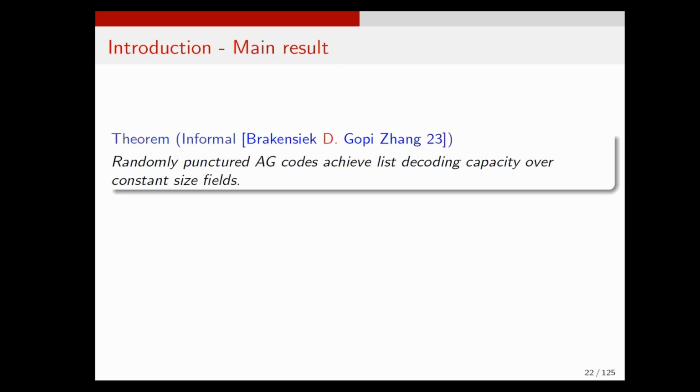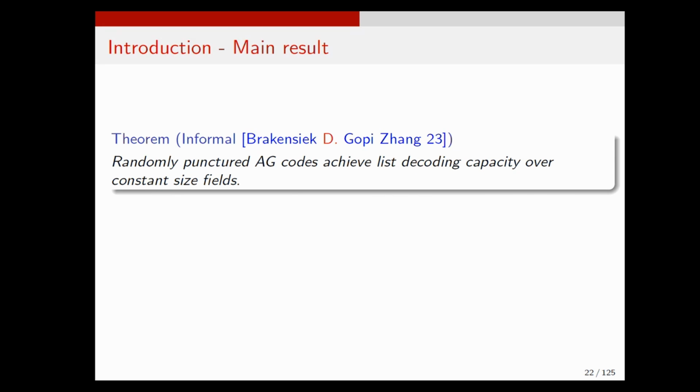Our main result is that there are codes which can achieve these list decoding bounds over very small fields. We will not look at the whole proof, but the main result, after a series of works with Josh Brakensiek, Gopi, and Zhang, is that there is a fancy family of codes called algebraic geometry codes, and if you randomly puncture them, they will achieve list decoding capacity over constant size fields.